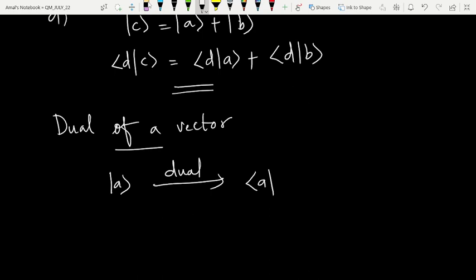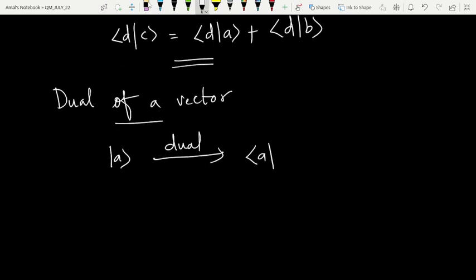If we define the dual of a vector like this, then we can redefine the inner product.